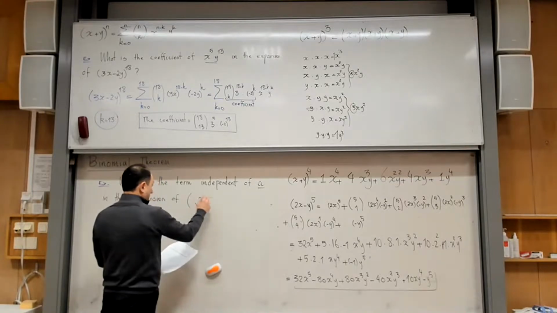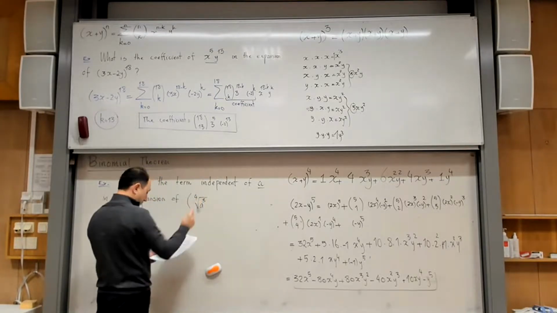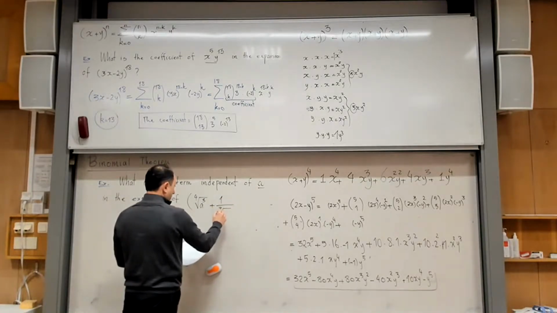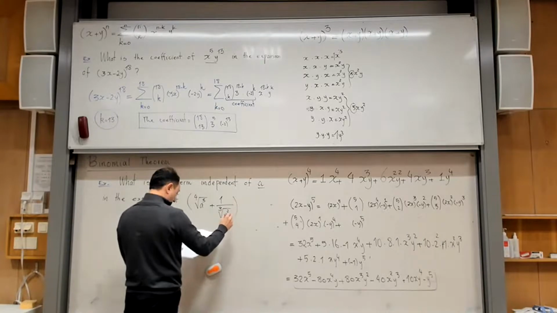The fourth root of A to the power of 3, plus 1 over the third root of A squared, all to the power of 17.